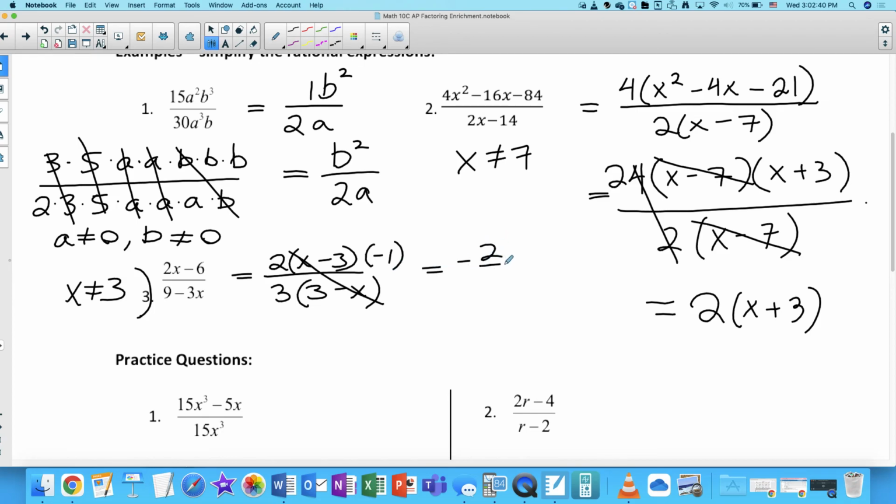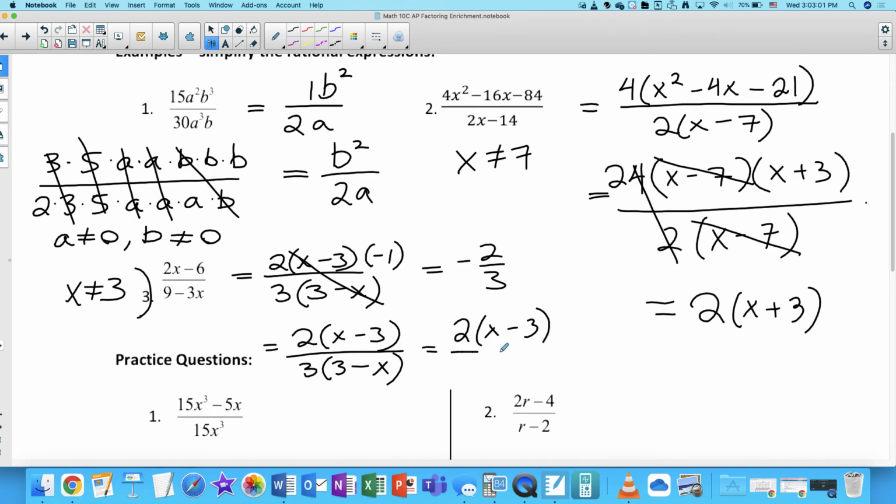Okay, but really, mathematically, what's going on is if you start with this, I'm going to factor a negative 1 out of this factor. So I'm not going to do anything with the numerator. But if I take out, instead of a 3, a negative 3, then I have to think about what would be left.